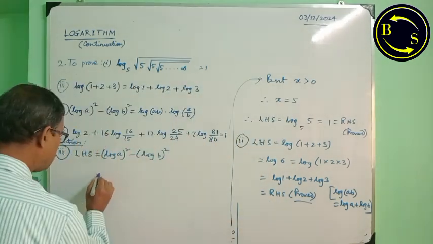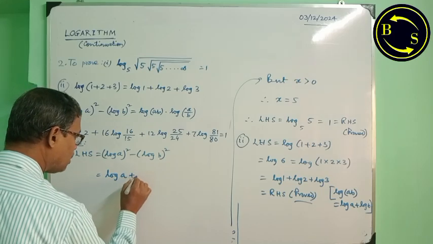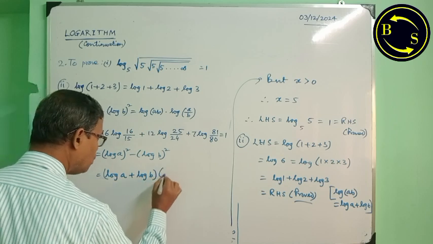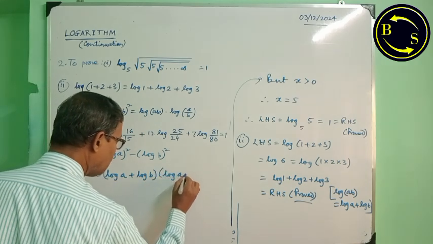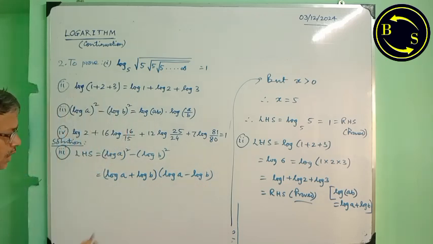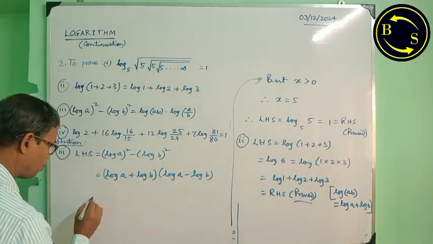Therefore it is equal to log A plus log B whole into log A minus log B. P plus q into p minus q form, as it is p square minus q square.